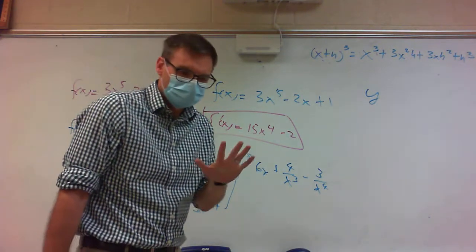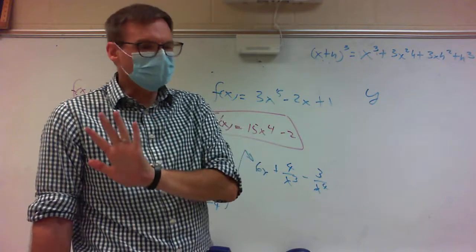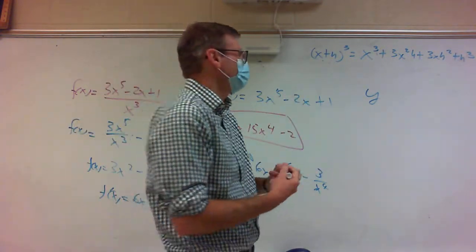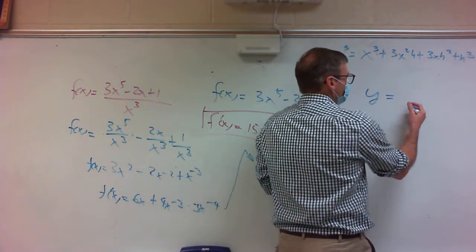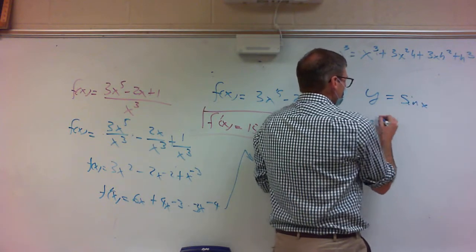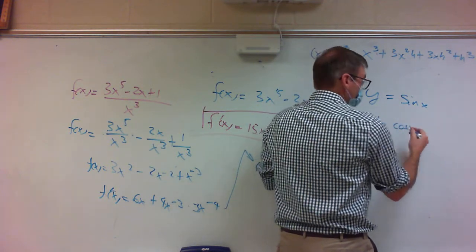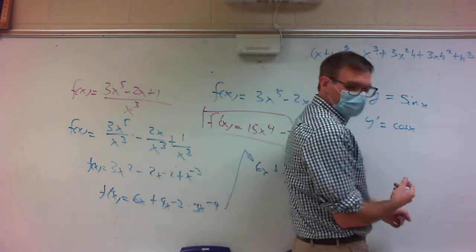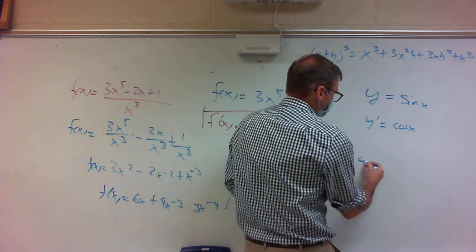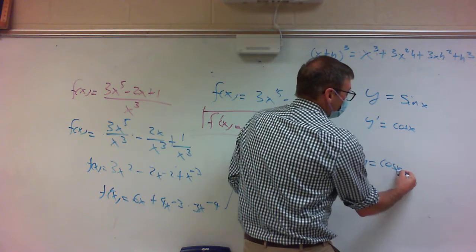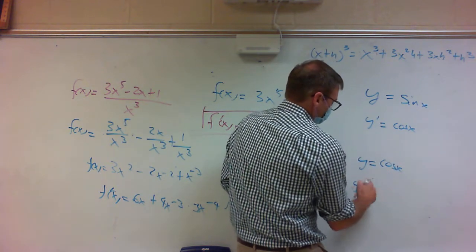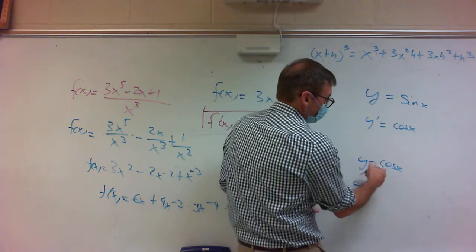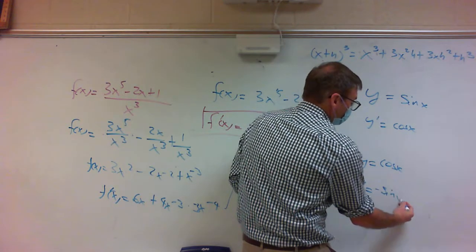All right. So in 2 minutes, and honestly, if you don't finish it, that's fine. It turns out if y is equal to sine x, the derivative of sine is cosine x. So if you ever see the derivative of sine, it's going to be cosine. If y is equal to cosine x, the derivative of cosine x is negative sine x.